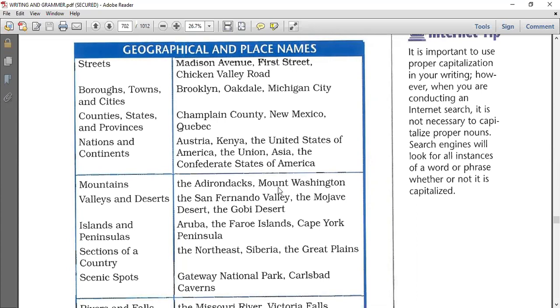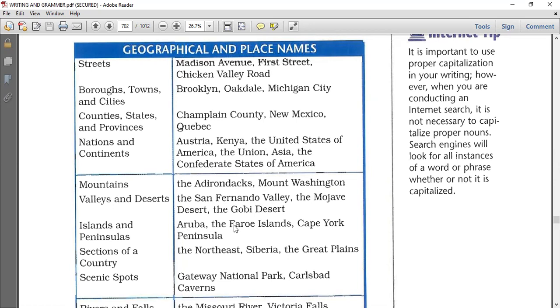Mountains, like Mount Washington. If we have the word mount, the M must be capital. Valleys and deserts. The San Fernando Valley, the letter V must be capitalized also. And the Gobi Desert, the Sahara Desert, the S, the Gobi, and so on must be capitalized. Islands and peninsulas.